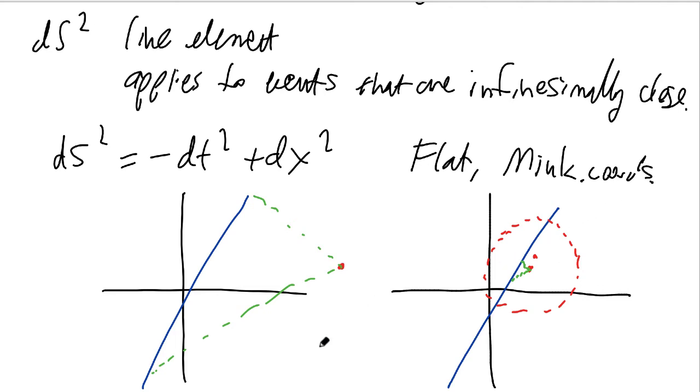All right, so in general, the notions of the distance to an event or the time interval between two events are ambiguous in a curved space-time unless the two events are infinitesimally separated.